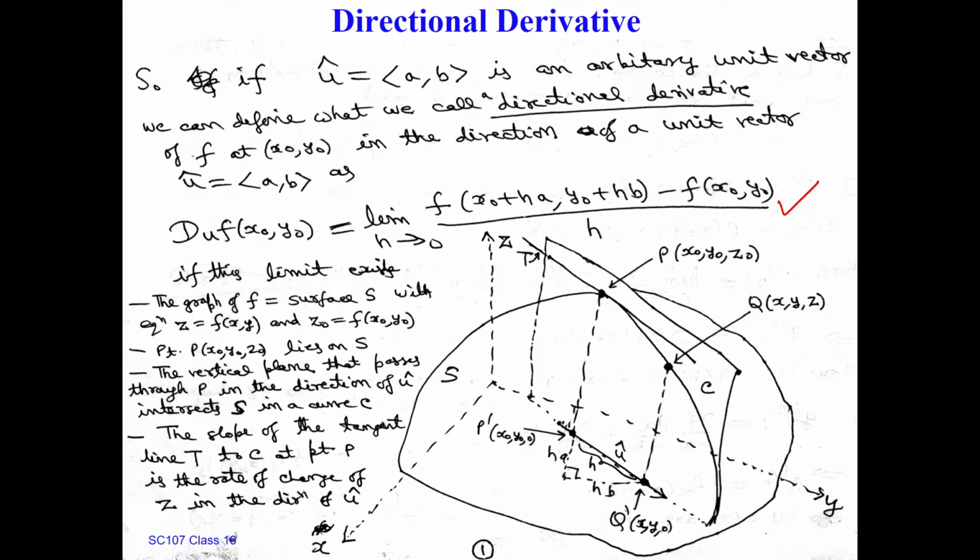On this plane, I can drop lines intersecting at this point and this point. So this is a kind of projection, right? Here the z component is 0 in this plane. You have P prime x naught y naught 0, Q prime x y 0, right?